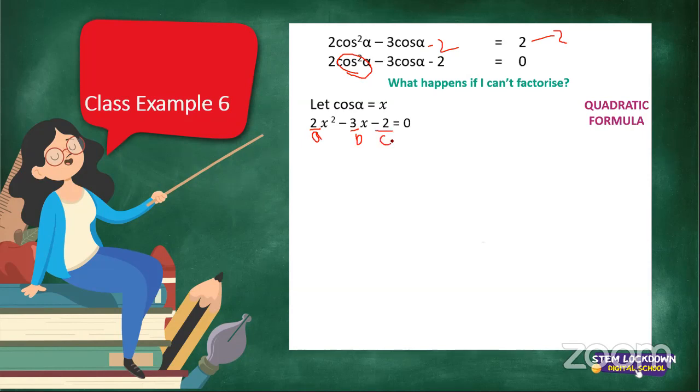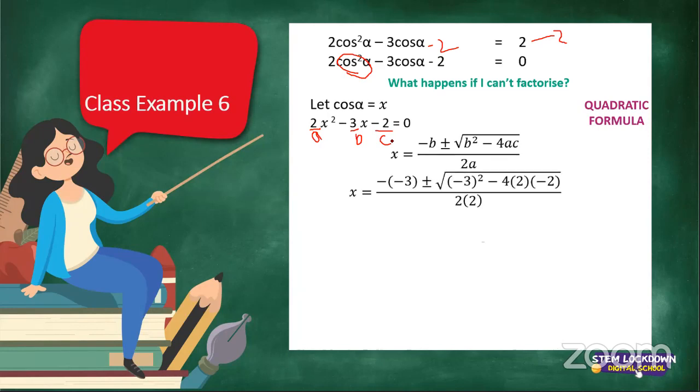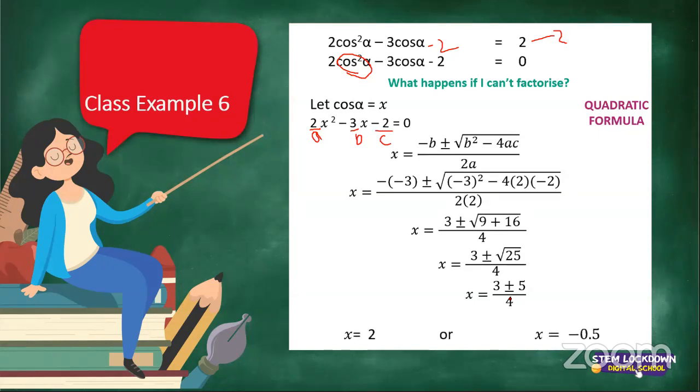Taking for granted, guys, that you have done well with your quadratic formula, we substitute everything accordingly, and I've worked it out step by step for you guys, and we came to a final answer that says x is equal to (3 plus 5) over 4, or x is equal to (3 minus 5) over 4. So that means x is going to be equal to 2 if we use plus 5, because that'll be 8 over 4, which gives you 2. And if you say 3 minus 5, that's minus 2 over 4, which gives you minus a half, right?